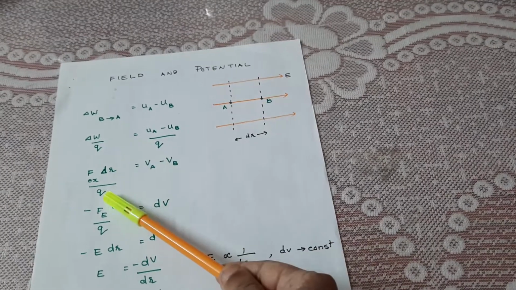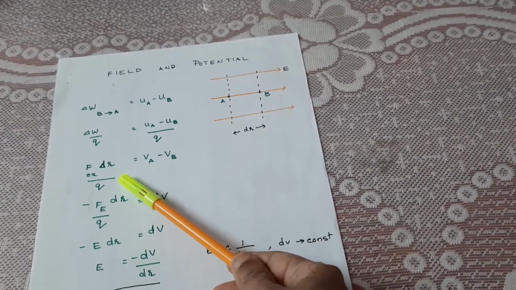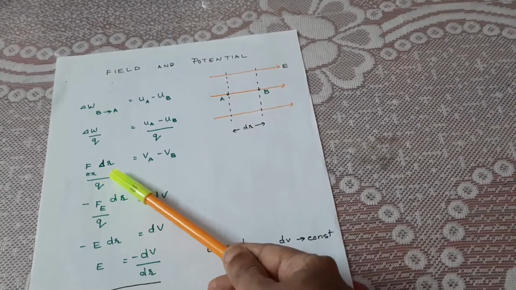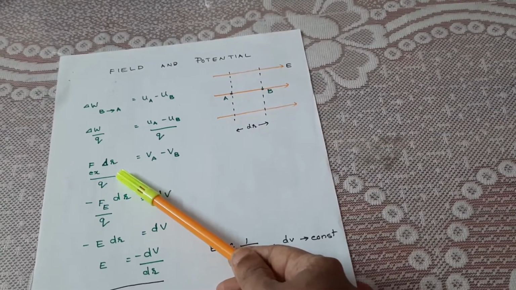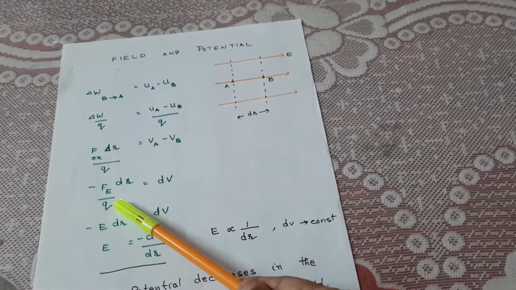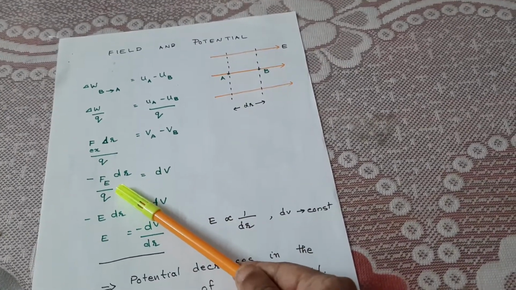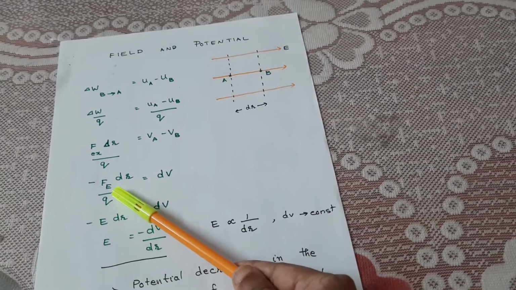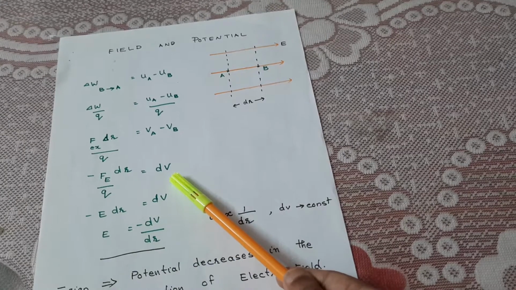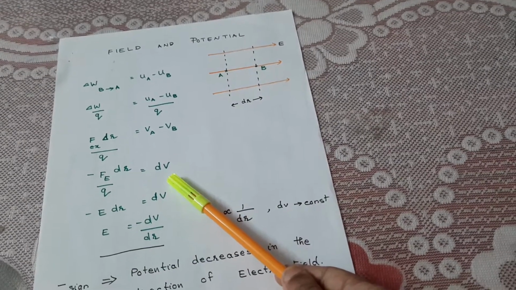But work done is force into displacement, external force applied into displacement dr. And the external force is equal and opposite to the electrostatic force. So it is minus Fe dr by Q, which is the potential difference dV.